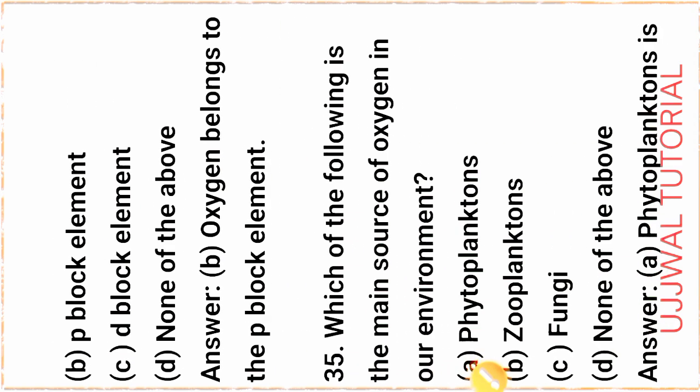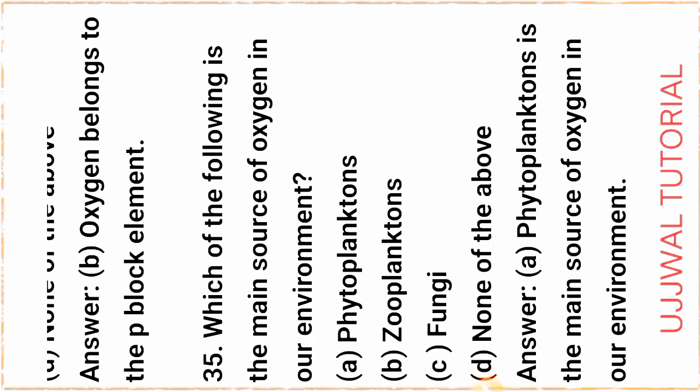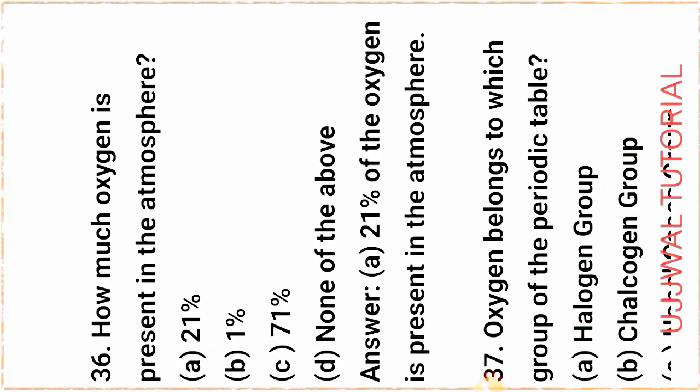Question number 35. Which of the following is the main source of oxygen in our environment? Option A, phytoplankton. Phytoplankton is the main source of oxygen in our environment. Next question, number 36. How much oxygen is present in the atmosphere?